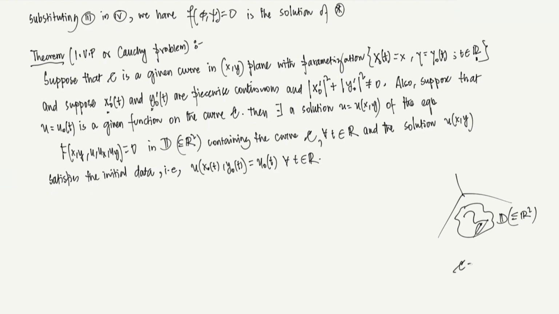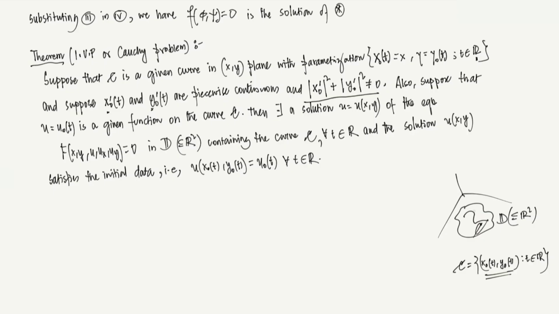In this case, we write C as x naught of t, y naught of t, where t varies in, let's say, R. We also want the condition that x naught prime squared plus y naught prime squared is non-zero. Essentially, that guarantees there is a tangent. Otherwise, if they both are 0, we can't talk about it.